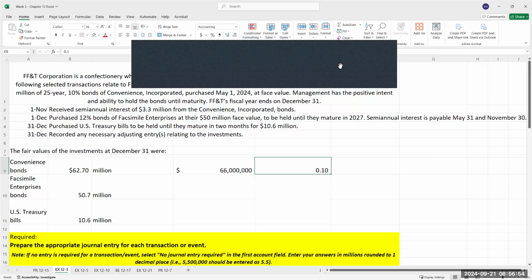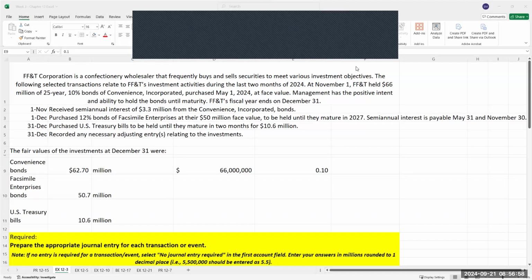All right. And then we need to account for the interest that is passed. Because again, it lets us know that semi-annual interest is payable May 31st and November 30th. So on November 1st, we received semi-annual interest, but we need to account for the 2 months that have elapsed.